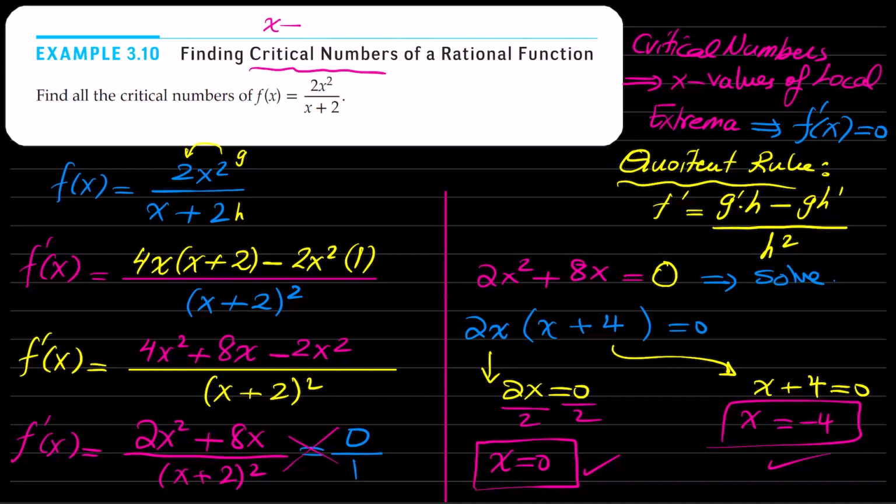Until now we have no idea. They didn't ask us, they just asked us to find the critical values. We need to test that later, but now the only two critical numbers are 0 and negative 4.